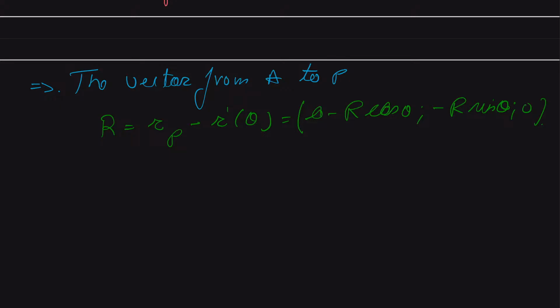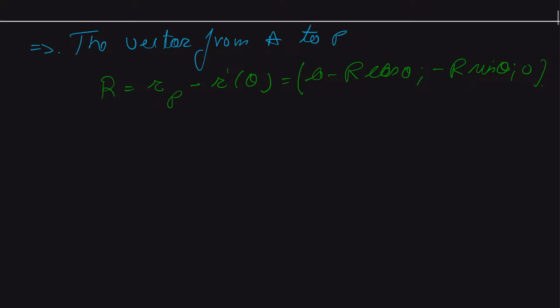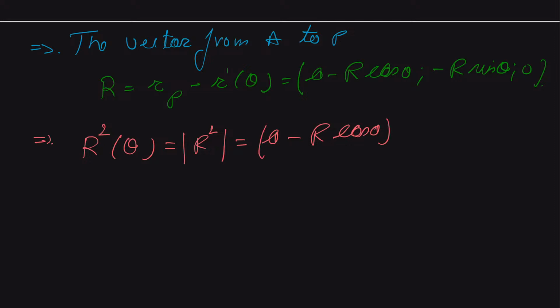And let's find out its square. This R square, because it is theta dependent, or we can say the magnitude, will be equal to (A minus R cos theta) whole square plus (R sin theta) whole square.